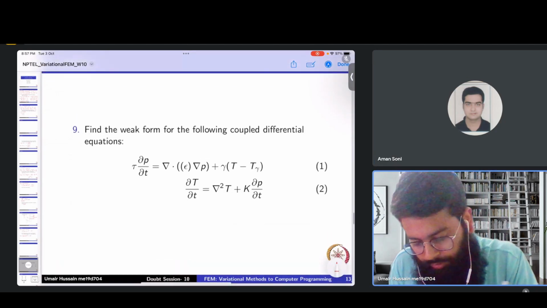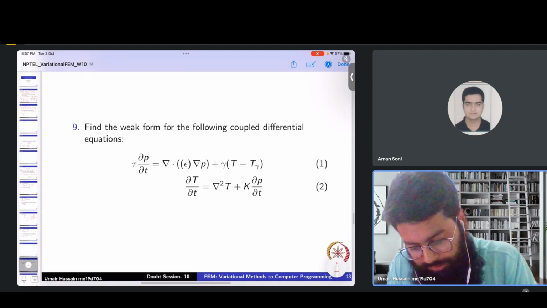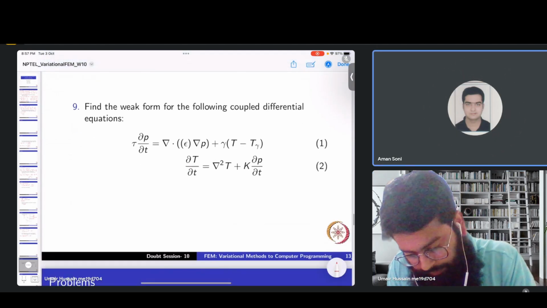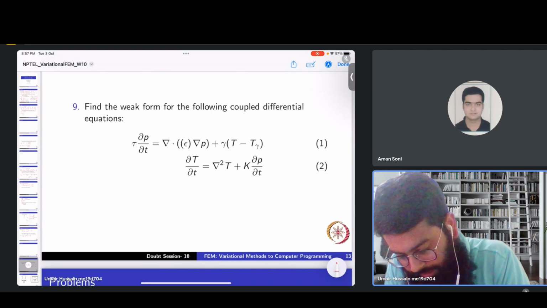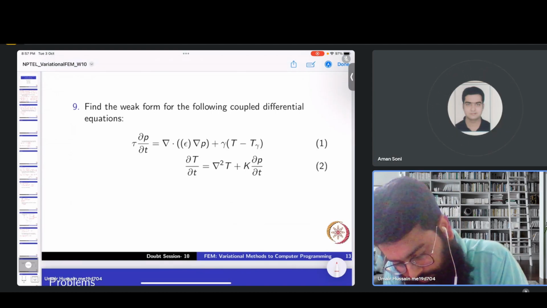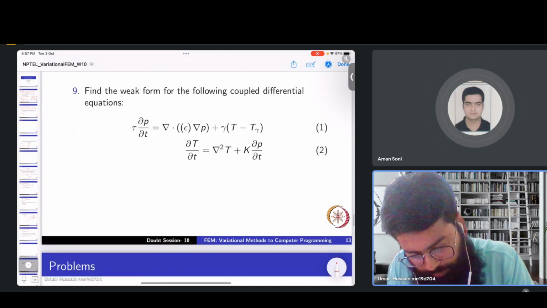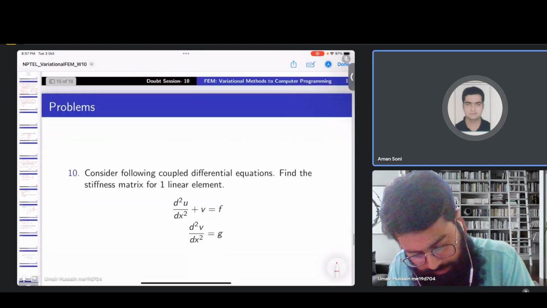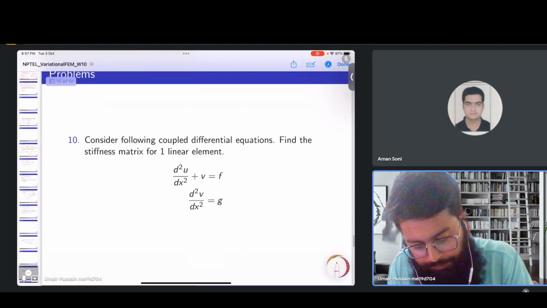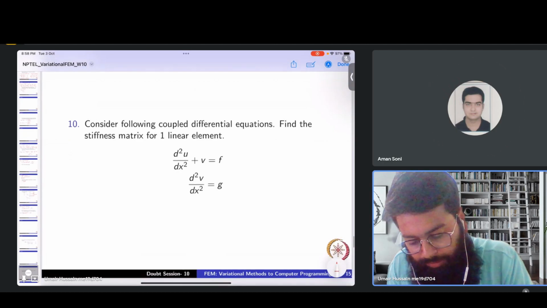I'll quickly show you how to combine the two equations. So we take one equation at a time. I hope the equation is not too complicated, otherwise I have one more problem we can discuss also. This is a rather simpler problem.